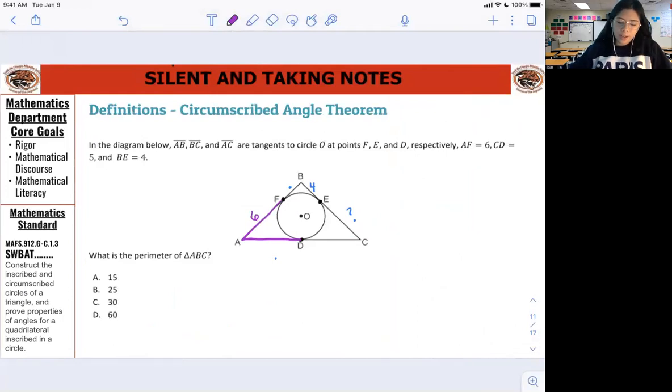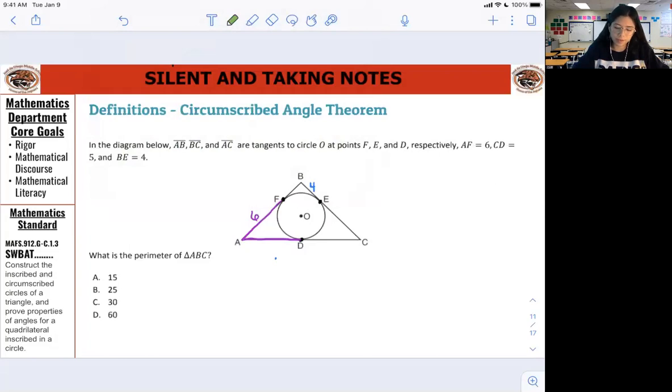So the one that I highlighted in purple, how much is that one going to be? Five? It's not 5. This is 5.